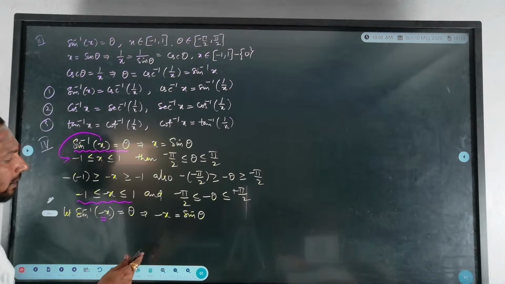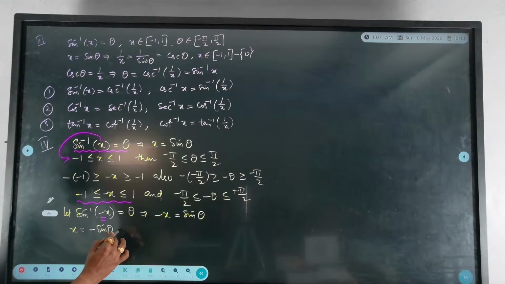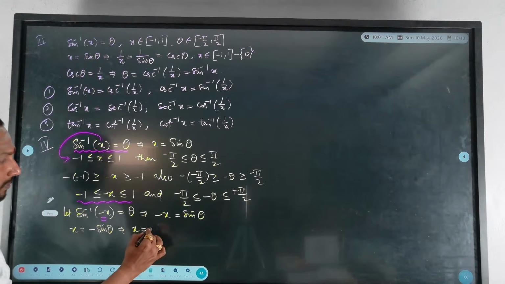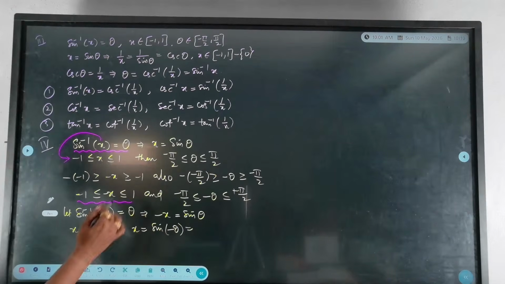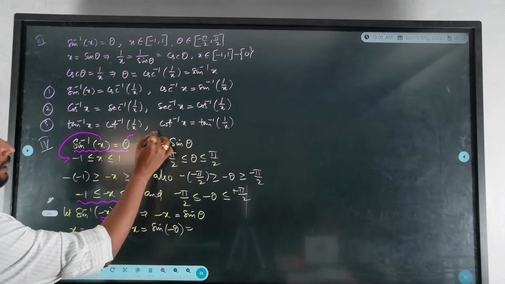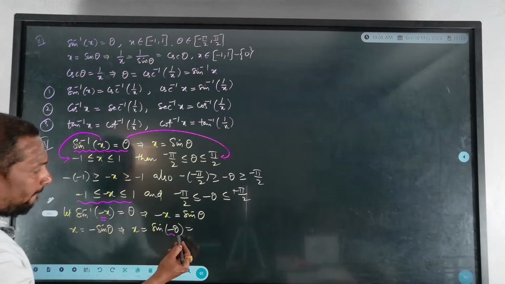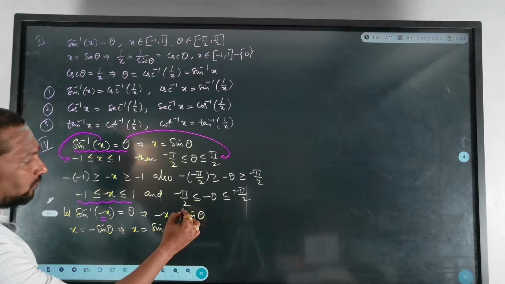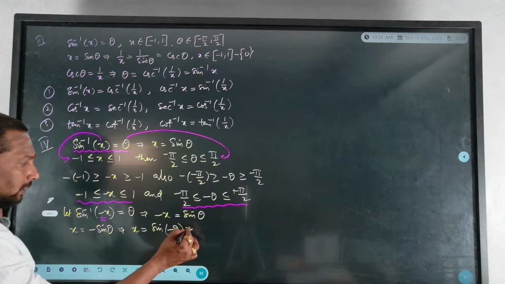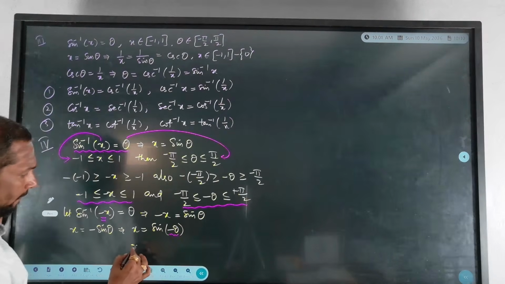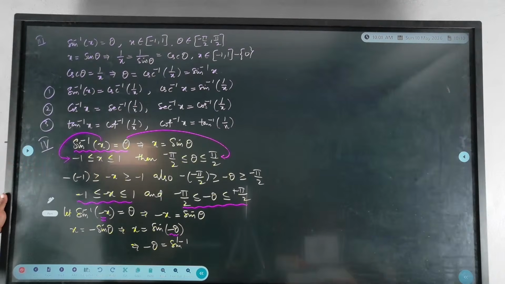Right. So now here minus x is equal to sin theta. That implies x is equal to sin of minus theta. So whatever is here, what is the angle here? That should lie between minus pi by 2 and pi by 2. That implies minus theta is equal to sin inverse x.